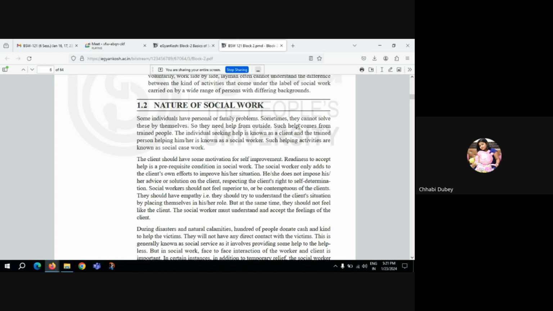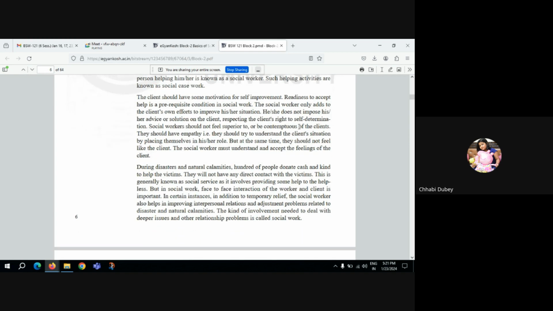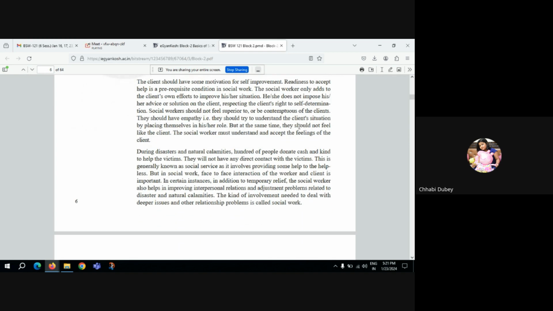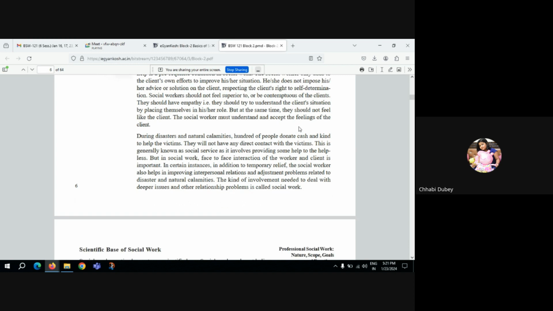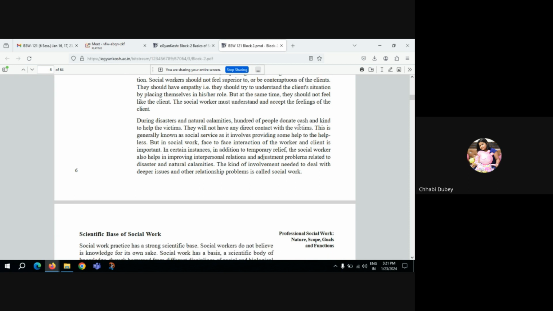Social workers should not in any way feel superior to the clients, because of course there is this factor of empathy that is to be shared by the social workers, whether they understand the client's situation, whether they are able to understand it by placing themselves in the role of the client. So this is basically having a more empathetic attitude towards the client.